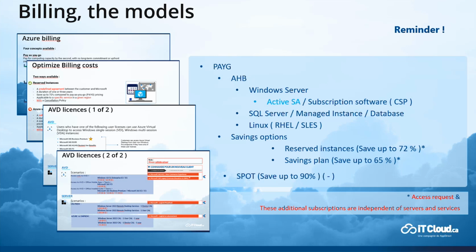Take note here. The access to the reserve instance and saving plan is on request. You must send a request to us to enable it. By architecture, by design, Microsoft from the CSP perspective has blocked those features. You need to request us, the distributor, to unlock those tenant by tenant, customer by customer.